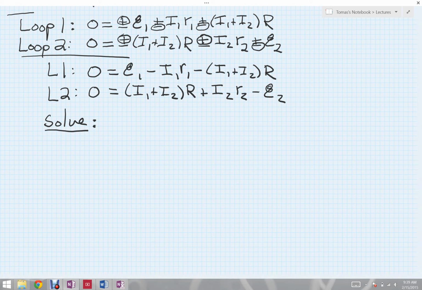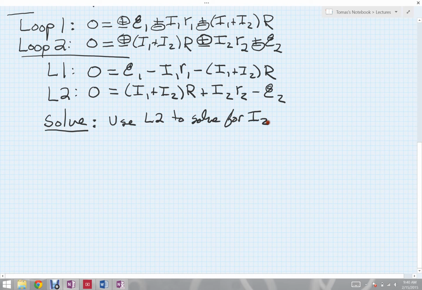In this case, since I'm trying to find I1, the way I might do this is I might use equation, you pick either one of them, maybe L2, to solve for I2.